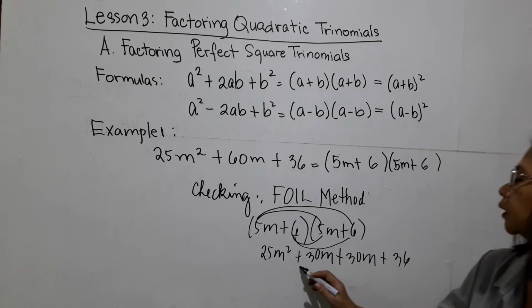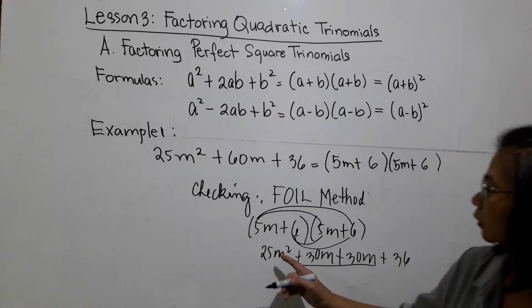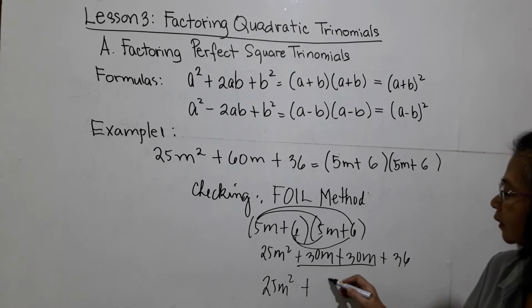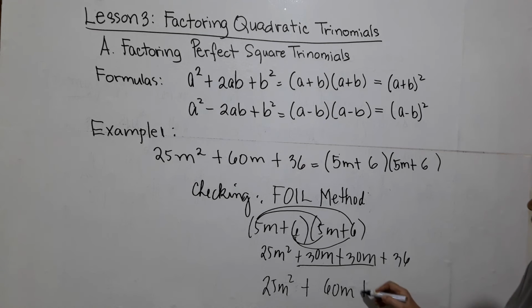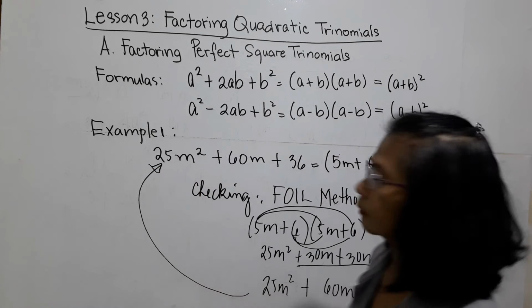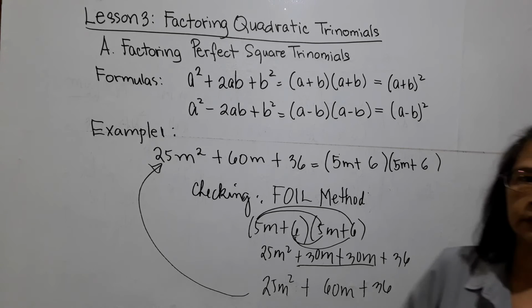We only simplify terms which are like or similar. Then copy: 25m squared plus 60m plus 36. Did we arrive at the same given trinomial? Yes. Do you understand? Were you able to follow? Okay, very good.